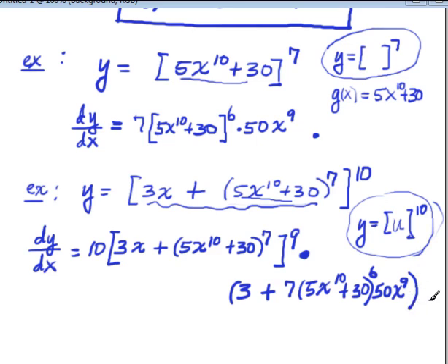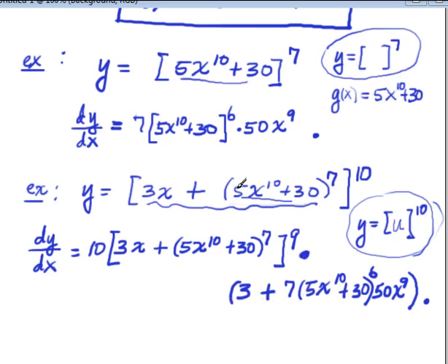Okay, and there we have our derivative. This part is the derivative of the outer function, the bracket with exponent 10, times the derivative of the inner function. These are multiplied together. I put them on separate lines, but they're multiplied together.